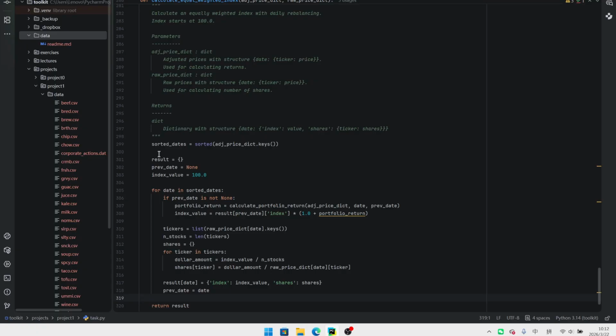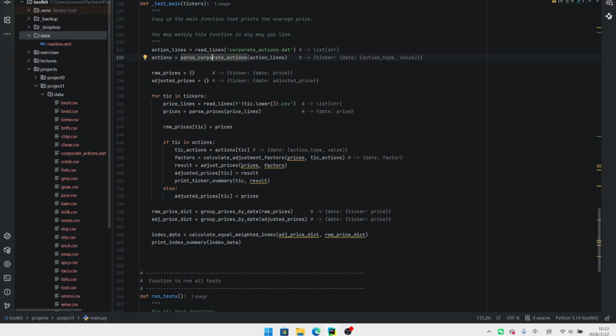For ticker dollar amount, share ticker is the data index, so index value begins with 100 for the return. And look at the share, dollar amount is index divided by dollar amount index, divide, it's multiple I think. Dollar amount is index and the number of shares, so let's do that.